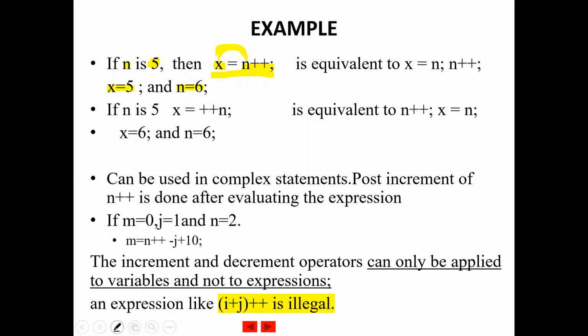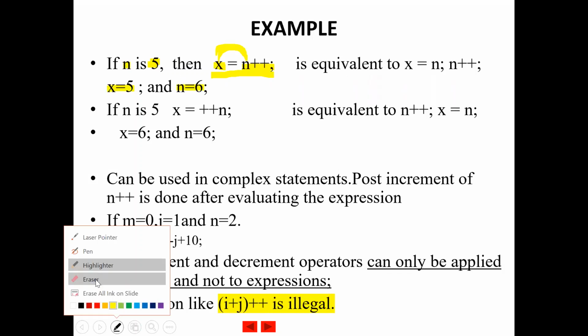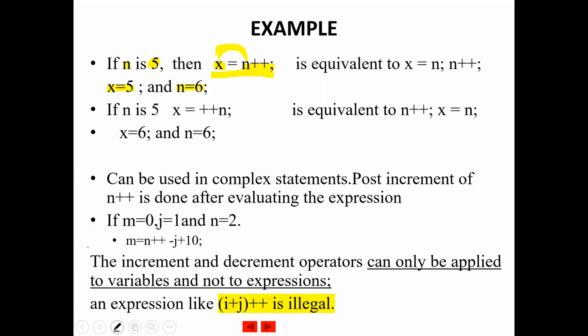All are listening, right? I'll be asking with examples. So here we first assign, then increment. It happens in 2 steps: x equal to n, and n plus plus.